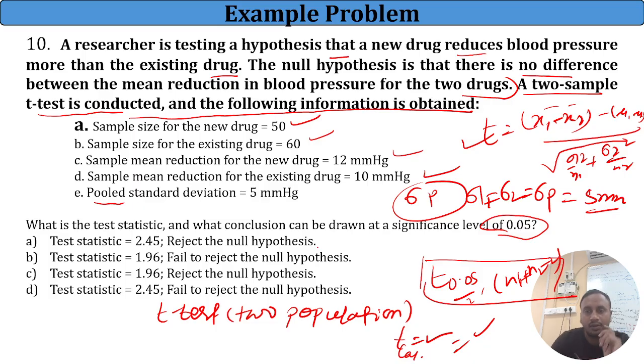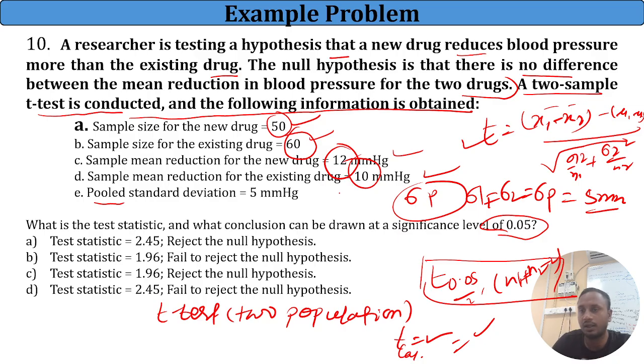Sir, and what to take as mu value? Mu value we have now, x1 minus x2, 12 minus 10. This one, mu 1, mu 2. Mu 1 is 12. That is a sample size, no? 15, 60.